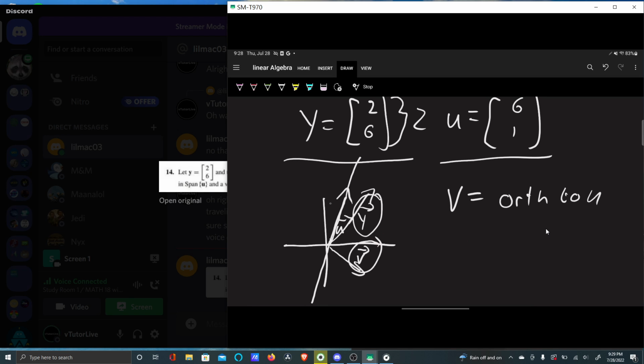Well, u is (6, 1). My bad, I didn't draw it right. So it's more like this: u has slope 6. To find something orthogonal to it, you use a slope of negative 1/6. Just take the negative reciprocal.